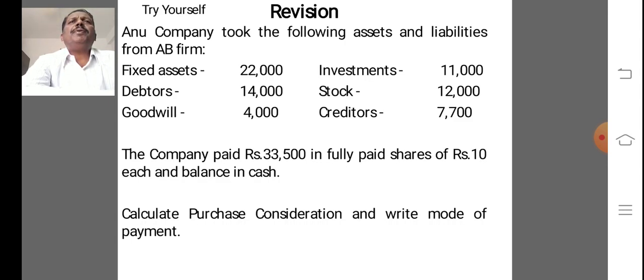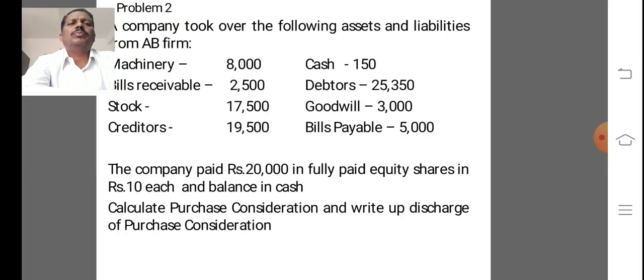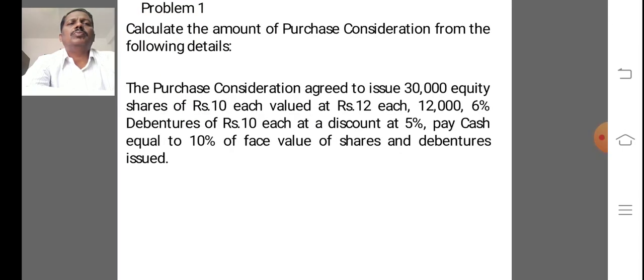The purchasing company agreed to issue 15,000 equity shares of rupees 10 each, valued at rupees 12 each, 6,000 6% debentures of rupees 10 each at a discount of 5%, and pay cash equal to 10% of face value of shares and debentures issued.